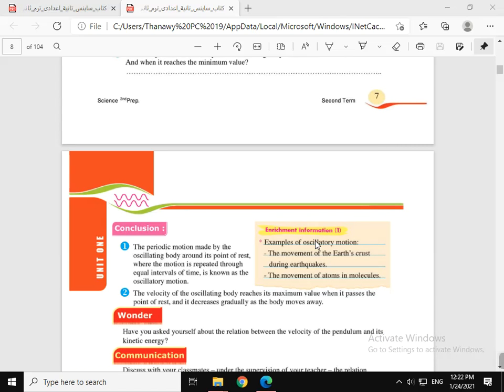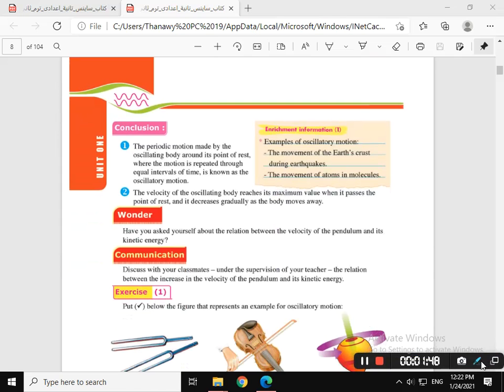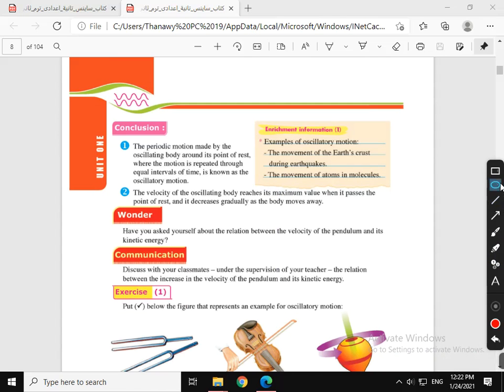So we can state that oscillatory motion is the motion of an oscillating body around its rest position, where the motion is repeated through equal intervals of time. This is the definition of oscillatory motion. Again, the motion of an oscillating body around its rest point, where the motion is repeated through equal periods of time.